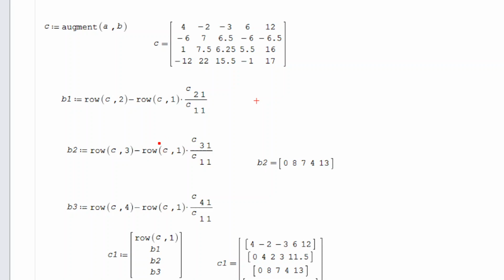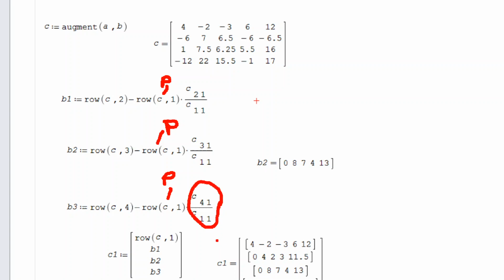As you notice, I applied the same command here. So this is my pivot equation, and this is my pivot. The number I need to multiply is simply C31 over C11. While for the third or the last row, again, this is the pivot equation, and C41 over C11 is the factor that I need to multiply on the pivot equation.